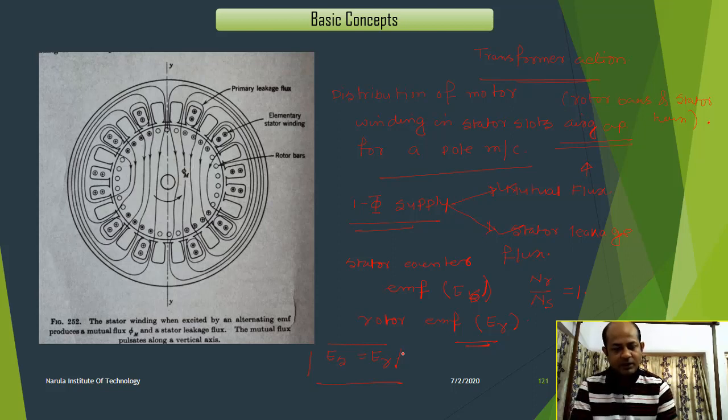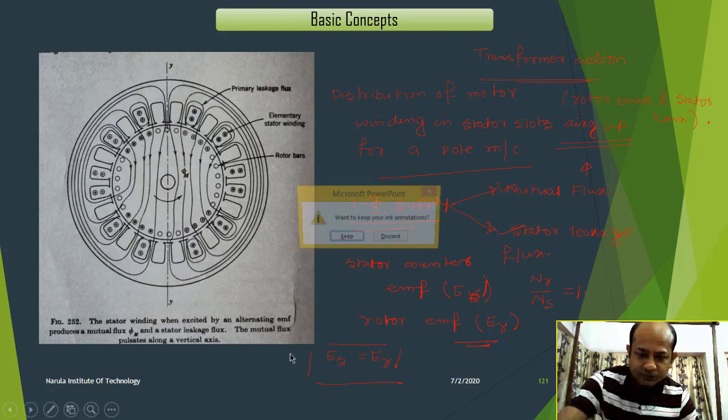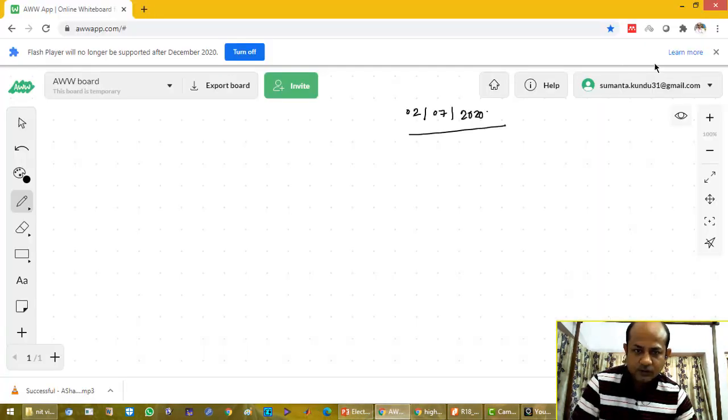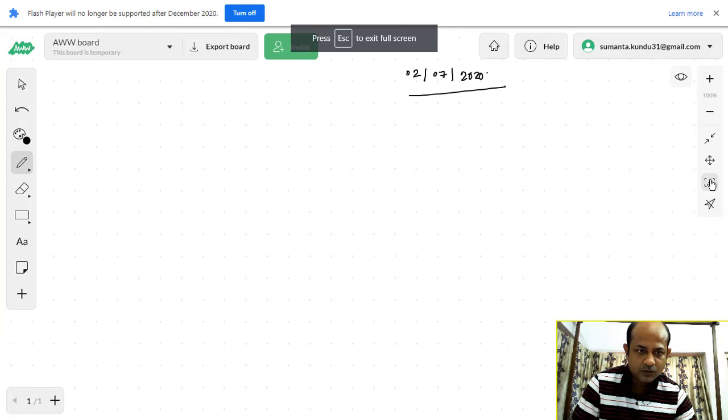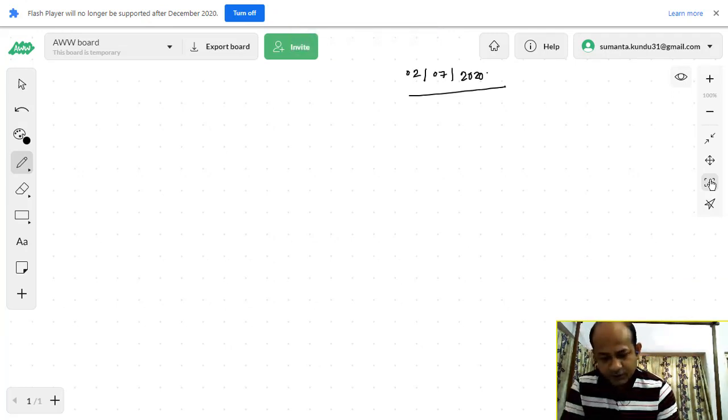Okay. So now we have seen that two magnetic fields are produced.